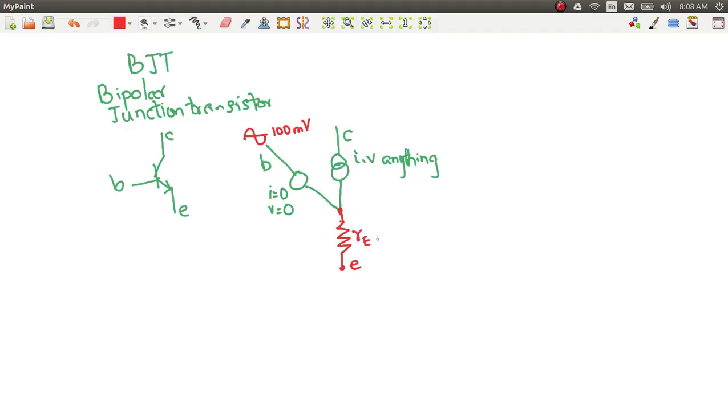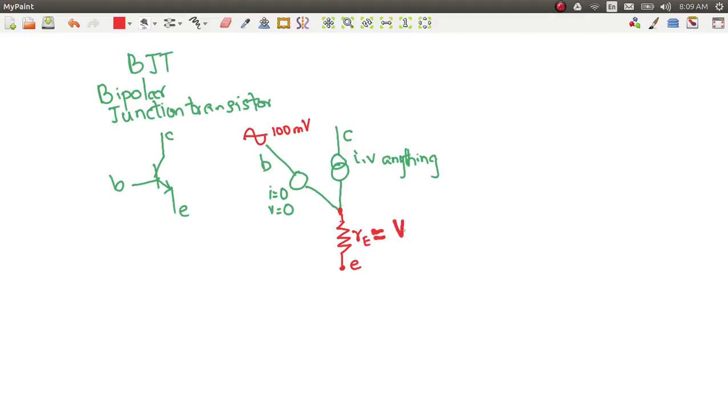So now the question is, what is the value of this RE? The resistor RE depends on the current, inversely proportional to the current that the bipolar junction transistor is carrying.